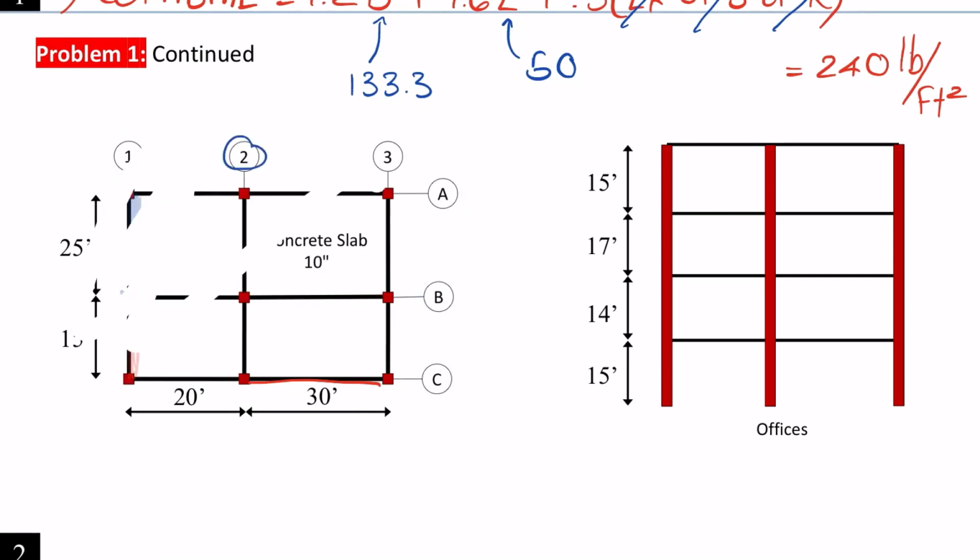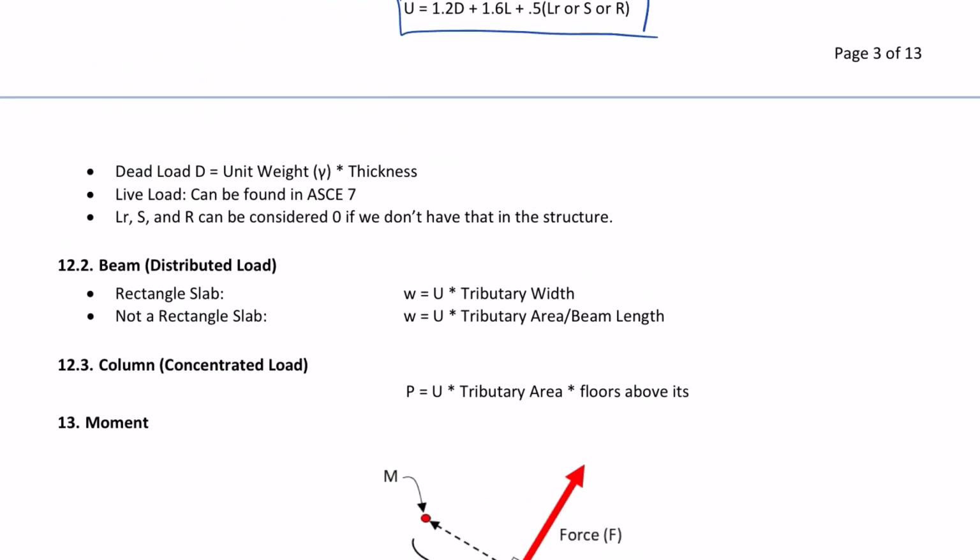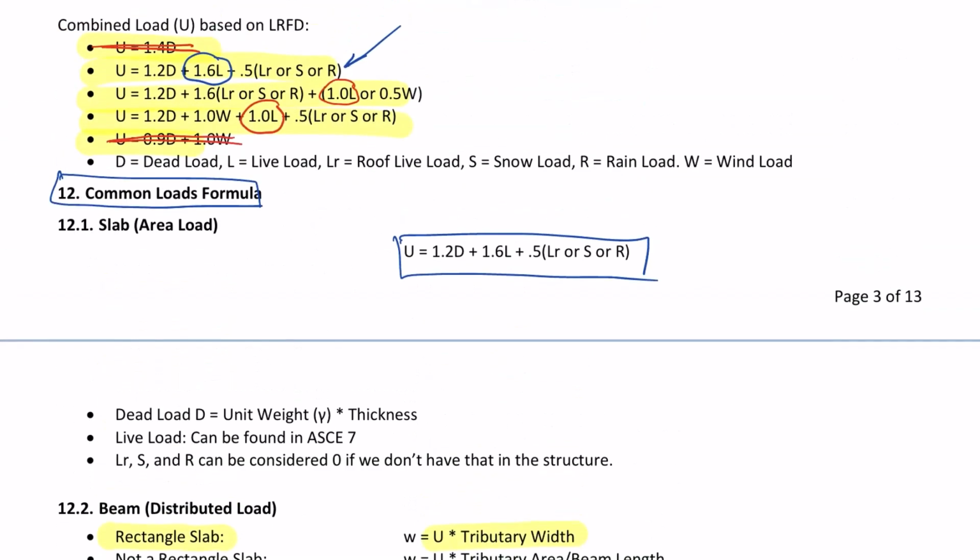For the load of the beam, we need to check the formula. If you check the formula sheet, you see that the load for a beam, if the beam is a rectangle slab, will equal U multiplied by the tributary width, and U over here is the combined load.